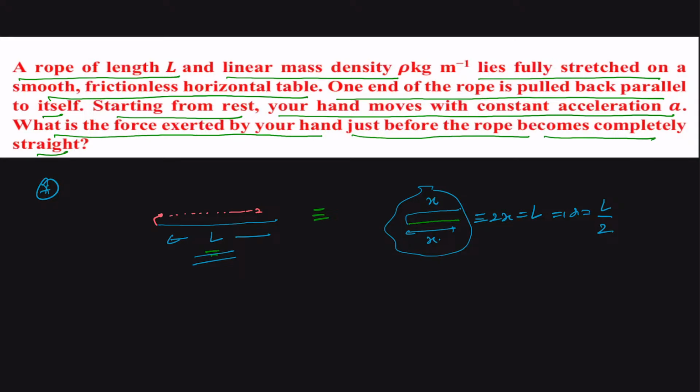And here in the question, the term we are more interested in is "completely straight". So this concept is based on the completely straight. The term completely straight basically means that the folded part reaches the far end of the rope.